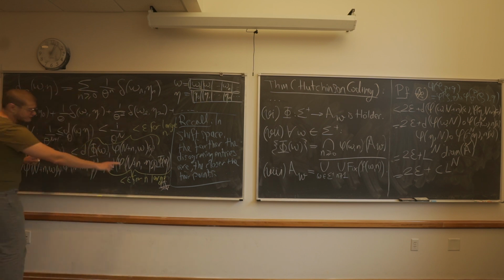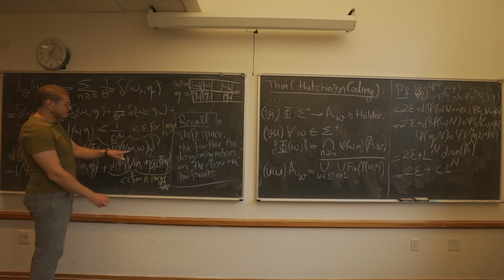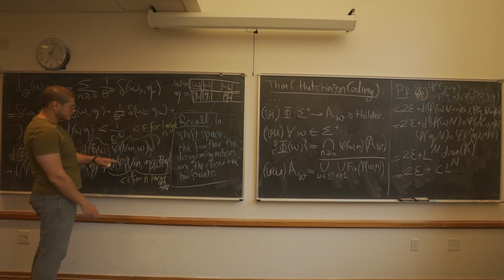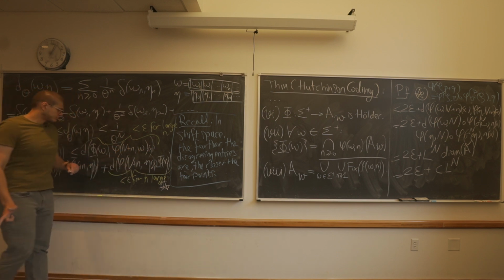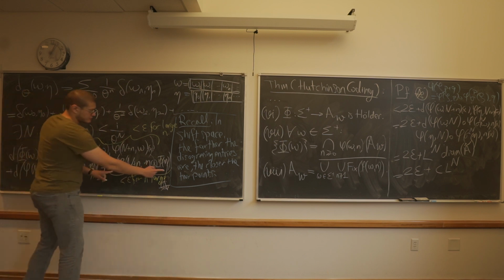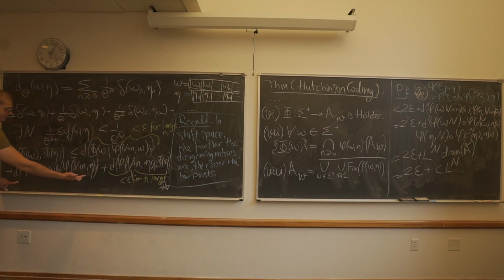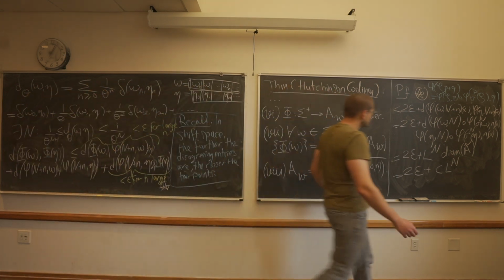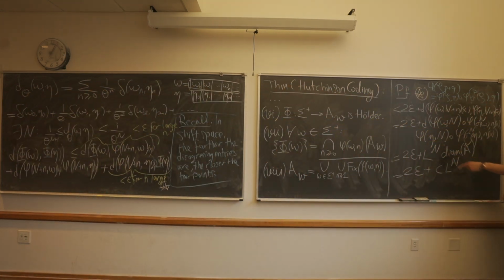Then, because of this identity, I know that there is some n, lowercase, such that this distance is less than epsilon, and so is this. But then I can apply this trick that omega and eta coincide up to the first n terms, which means that I can take this out, and then I have this expression.